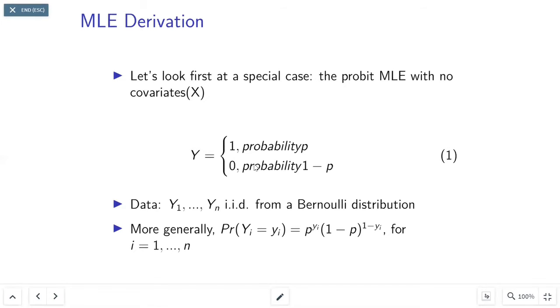If a coin lands on the tail, then y is equal to 0 with the probability of 1 minus p. If p is equal to 50%, then it's a fair coin toss. If p is not equal to 50%, then it's not a fair coin toss. If you toss a coin many times, the outcome of the coin toss follows a Bernoulli distribution.